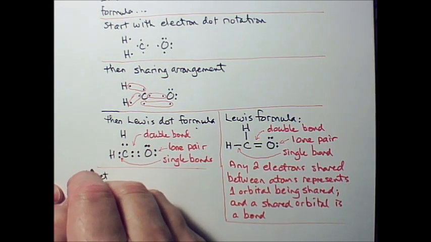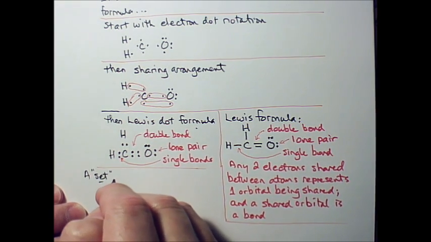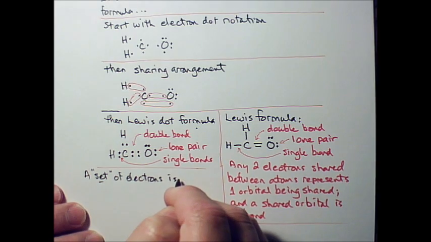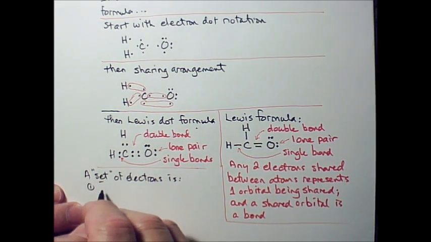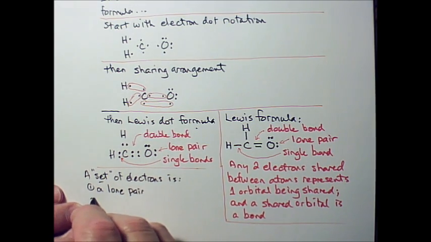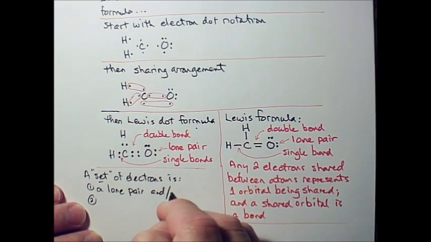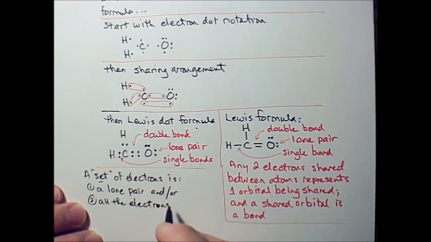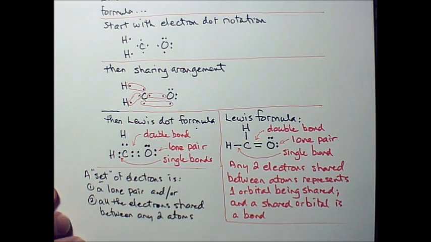A set, and this is a key word, a set of electrons is a lone pair and/or all the electrons shared between any two atoms.